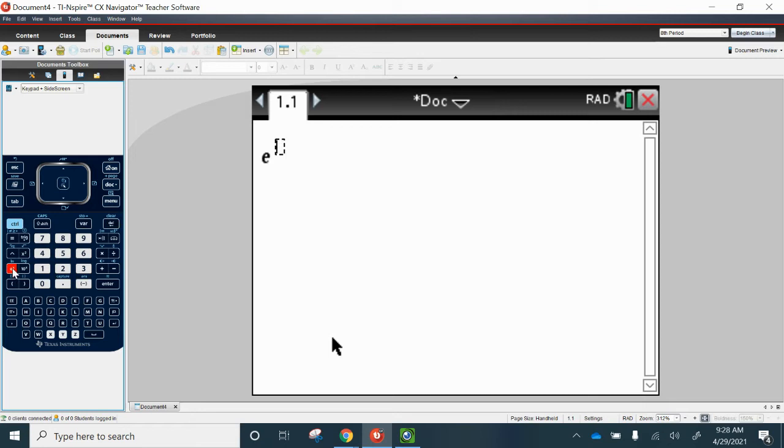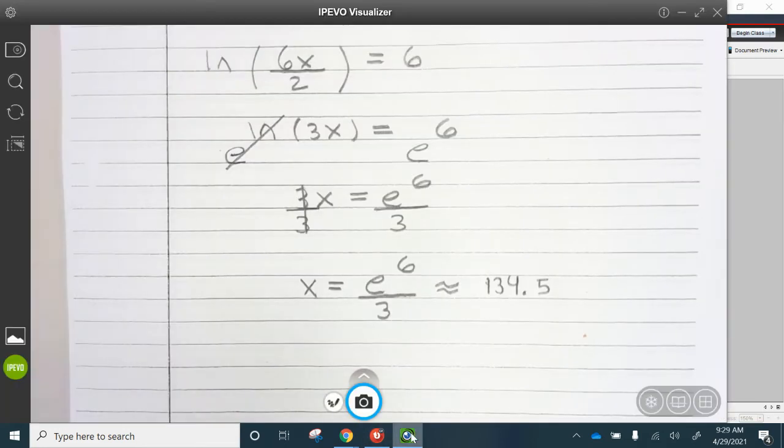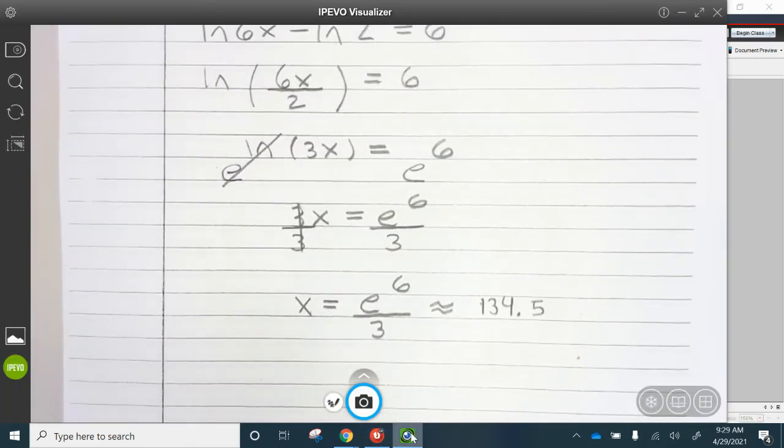Okay, so press Control, divide, then e to the 6 divided by 3 is 134.5. All right, go ahead and finish up question 8.